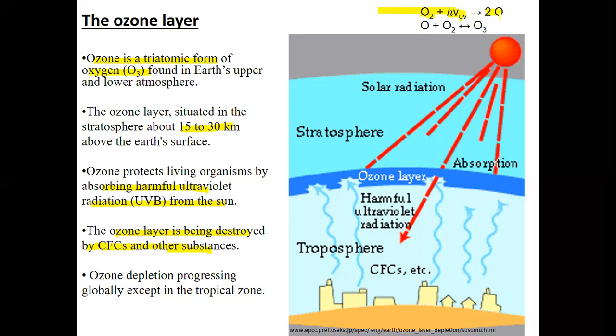Then one of these atoms reacts again with an oxygen molecule and forms ozone. These reactions are in equilibrium. Because of that, the ozone layer comprises oxygen atoms, oxygen molecules, and ozone molecules.